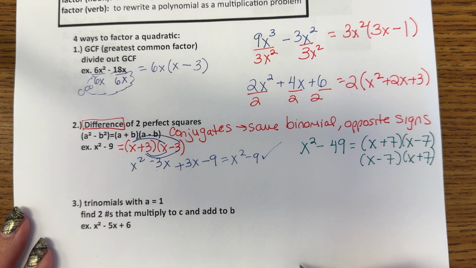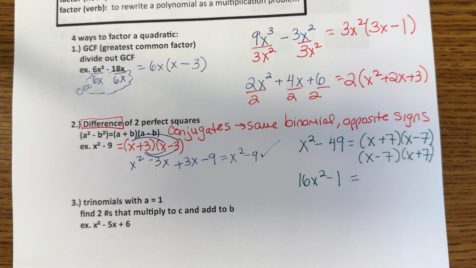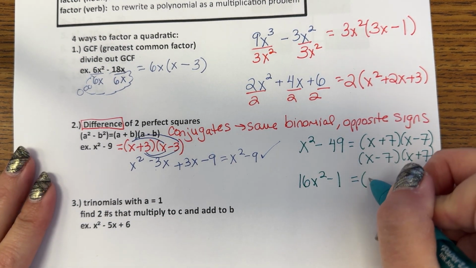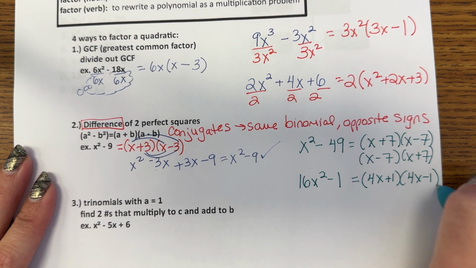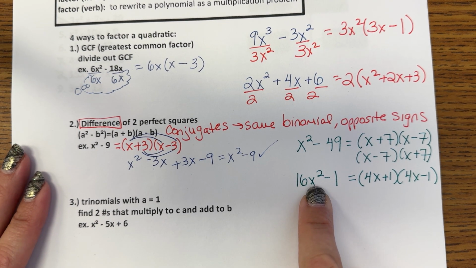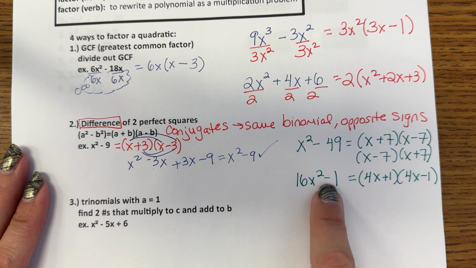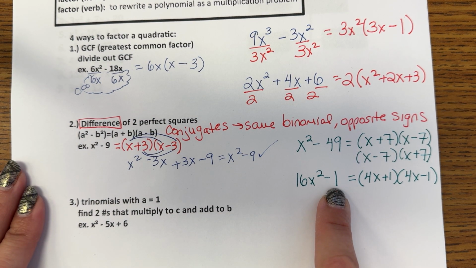All right, let's try 16x squared minus 1. That would factor to 4x plus 1, 4x minus 1. Because 16 is 4 times 4, x squared is x times x, it is subtraction, it has to be subtraction, and 1 is 1 times 1.